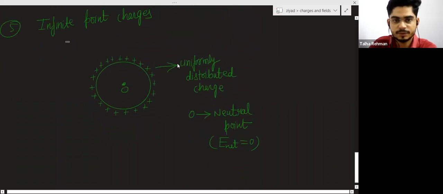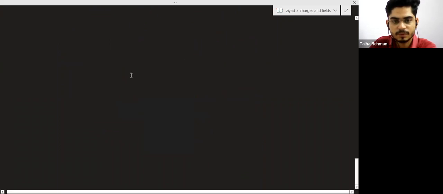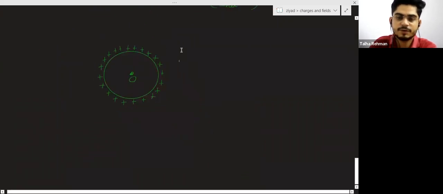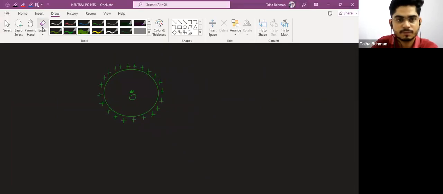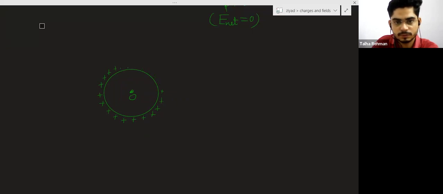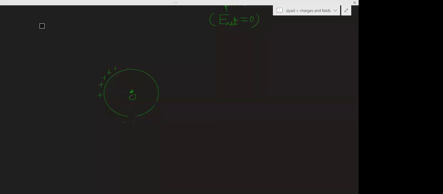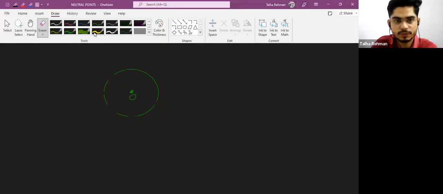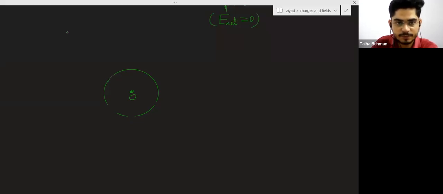And if you are taking a negatively charged circular wire, if you have a circular body and on this circular body you have a uniformly distributed negative charge, then at this center O the electric field will be zero, so we can say O is the neutral point.